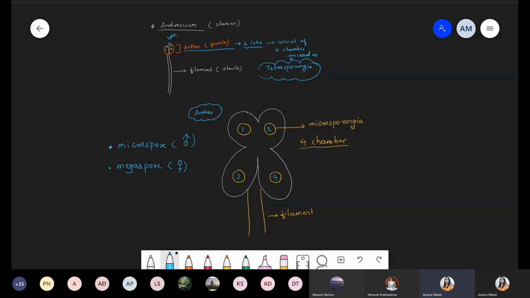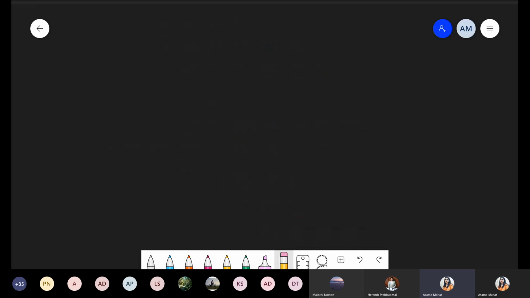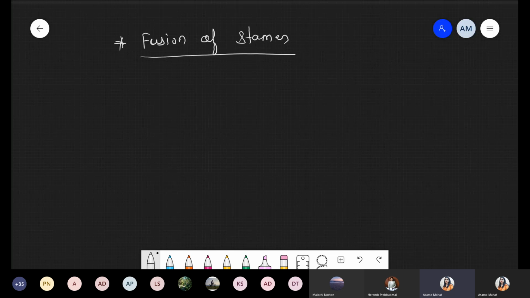Now we are talking about the fusion of stamens. What kind of fusion is present? Just as we discussed, the bracket represents the fusion, but we have to look at the points inside it. So the next part is the fusion of stamens. In this condition, we have to discuss a total of 3 types.